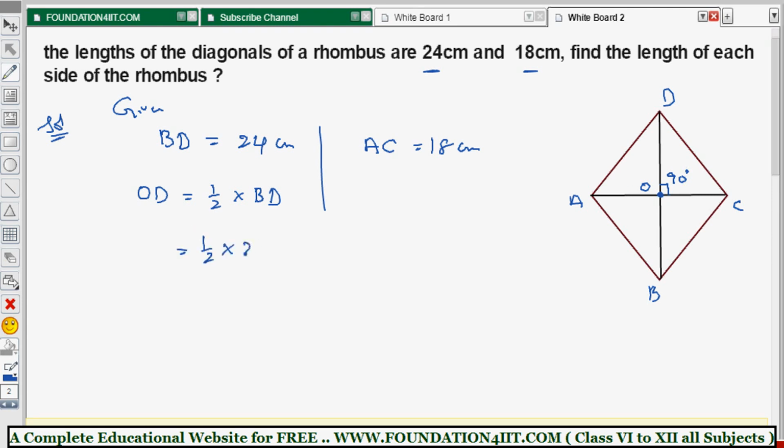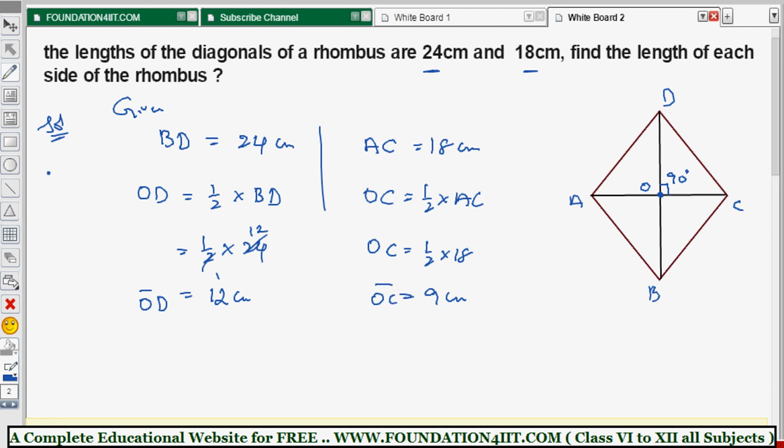Half of 24 is 12 centimeters, so OD is equal to 12 centimeters. And AC is 18, so OC is half of AC, because O is the midpoint of AC also. Half of 18 is 9, so OC is 9 centimeters.